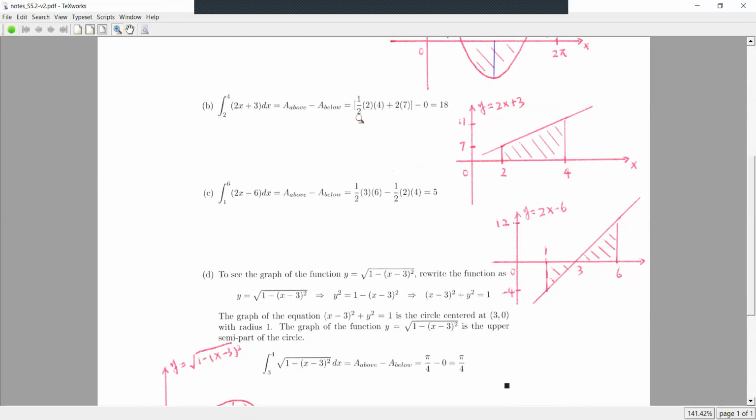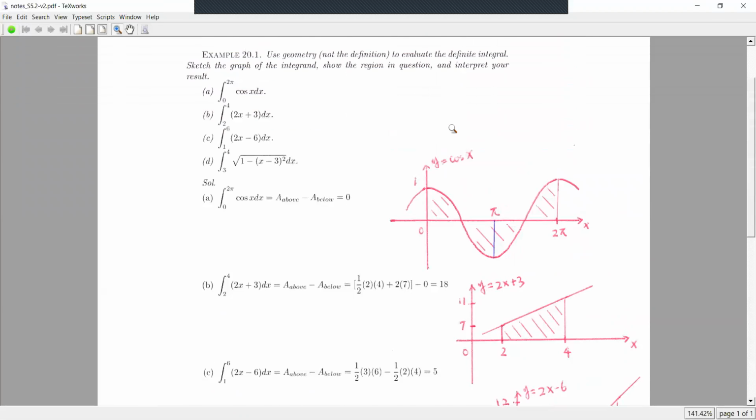So the area of the triangle plus the area of the rectangle is the area of this trapezoid. Minus 0, because this trapezoid has no area below the x-axis. So A below is 0. So the result is 18. So this integral is 18.